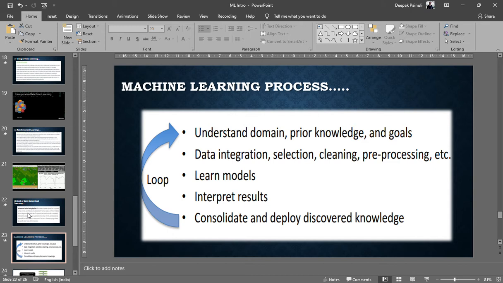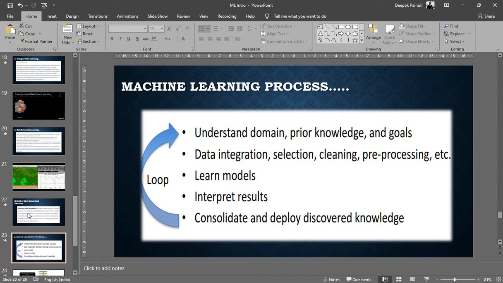Now come to the machine learning process. See, machine learning is not just about classifying or predicting something. It is a pure hybrid science where you need knowledge of different domains. Let's say I am working in the medical domain and using machine learning in medical, that means I need knowledge of machine learning as well as knowledge of that particular medical field.